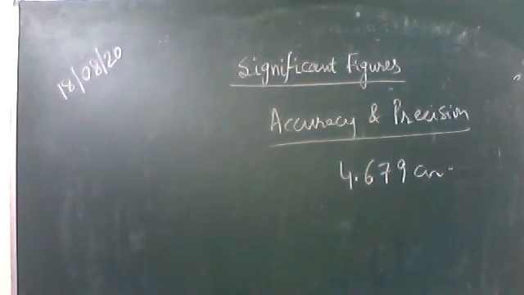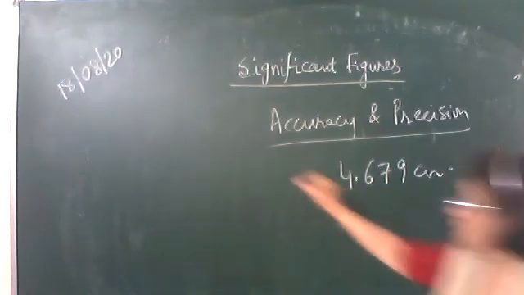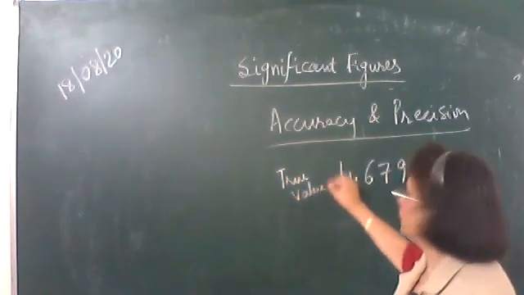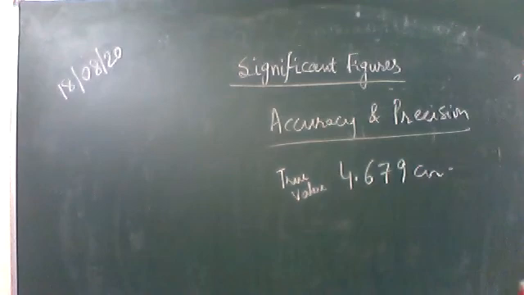Any length we have considered, not of this board, it cannot be 4.679 centimeter, it's a very small length. Let the true value be 4.679 centimeter. Now it is measured with 2 instruments.